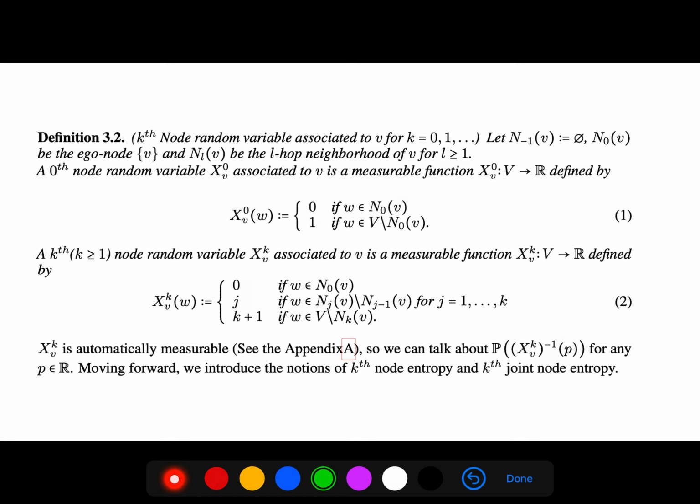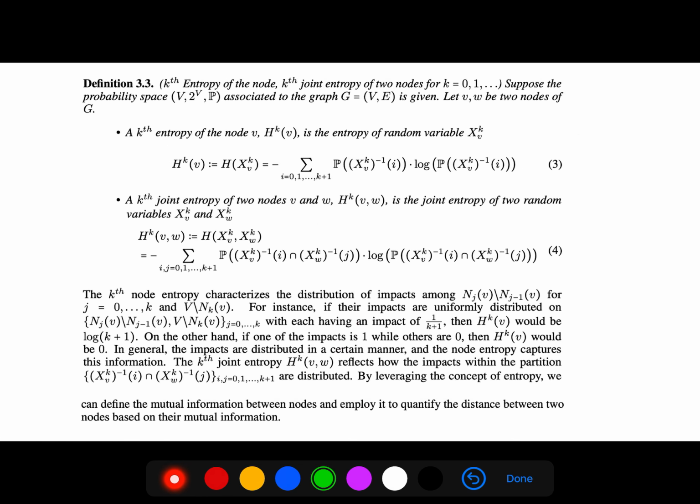Then they define the k-th node random variable associated to v. Then they define the k-th entropy of a node, and the k-th joint entropy of two nodes. So these two definitions.